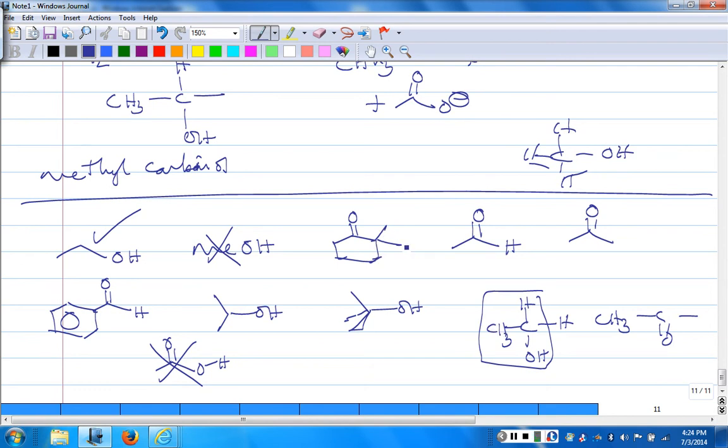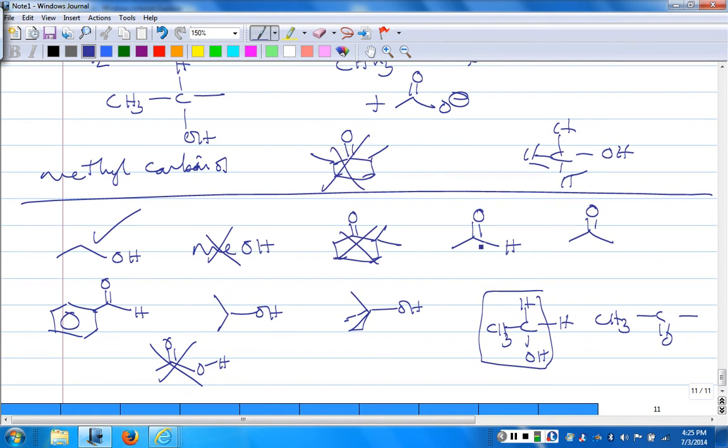They are CH3C with no H's, then another C and a carbonyl. So that's not going to work, right? Because the CH3 has to be adjacent to the carbonyl. Even if I had its isomer, this compound, that won't work. It's got CH3C, then the carbonyl. So neither one of these will give a positive haloform reaction.